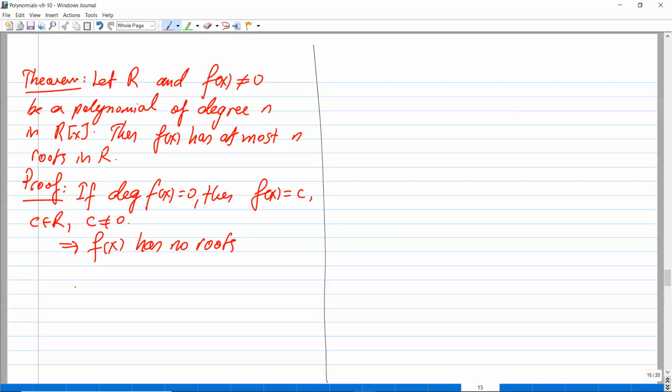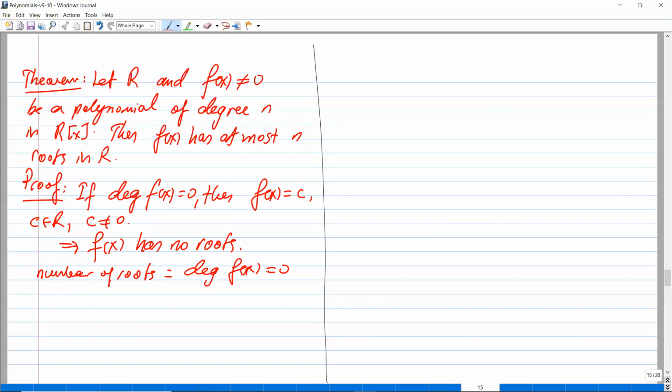So the number of roots is 0, which is equal to the degree of f of x, which is 0.